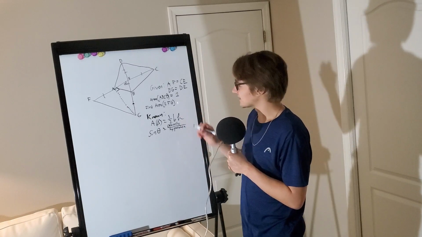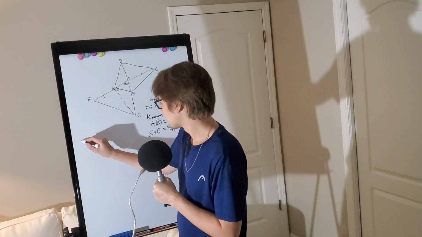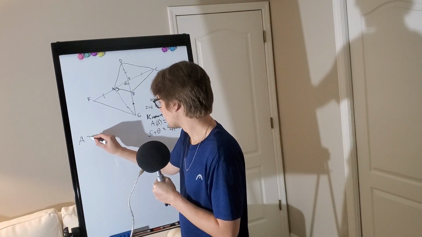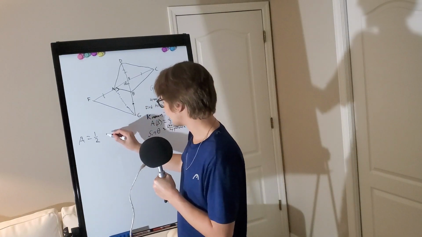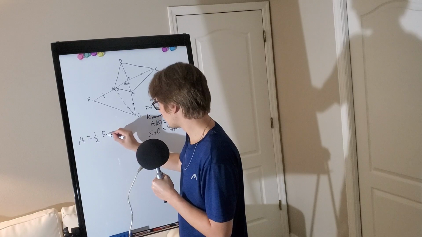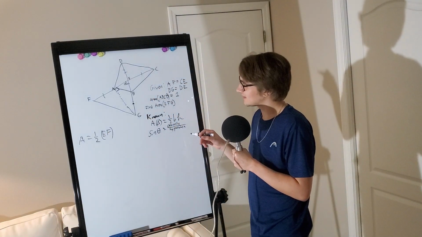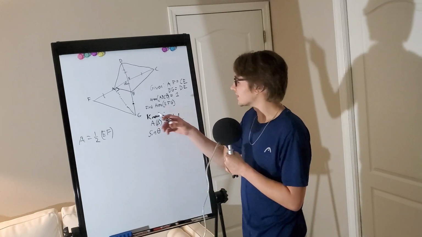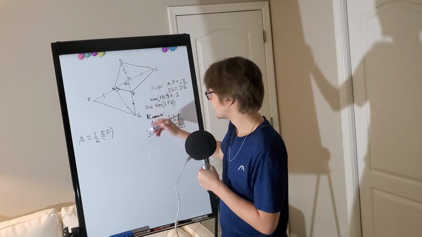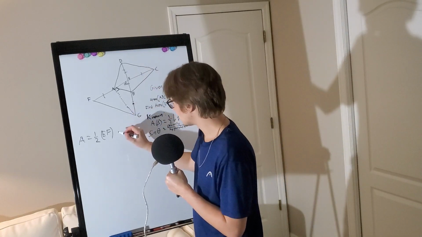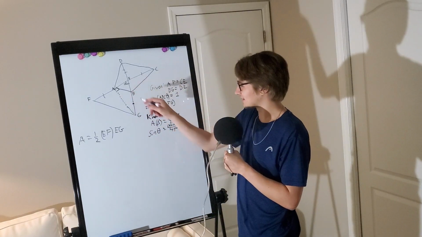So what is the area of VFG? Well, that is simply 1/2 of the length of the base, which is the length of EF, times the height. Now, what is the height here? Well, that is just going to be the length of EG here times the sine of that angle alpha.